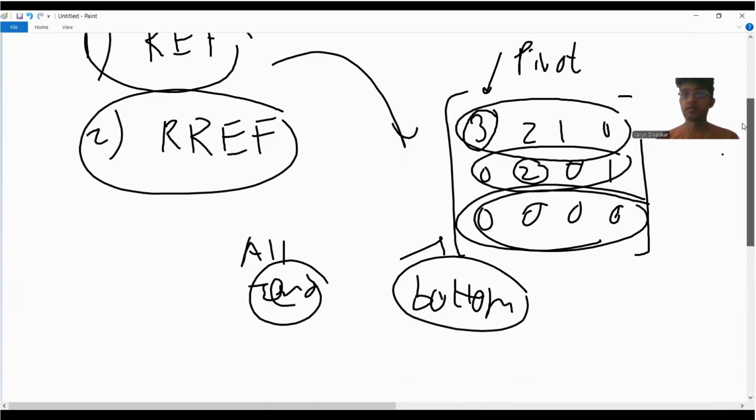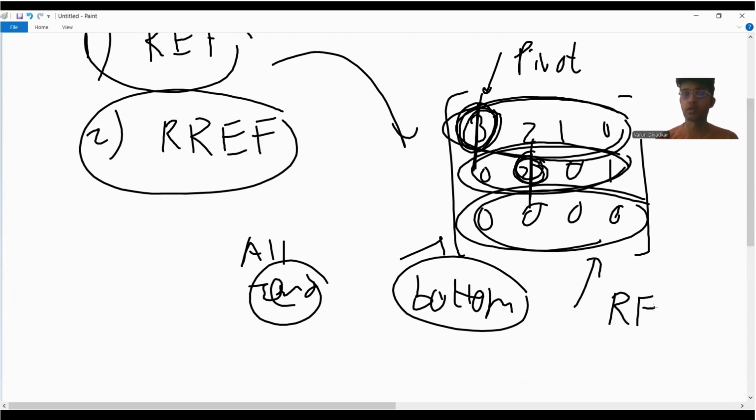But then the second prerequisite is that these pivot values from subsequent rows have to be at the right side of each other. Like say, for example, in the first row, this is a pivot value, and then in the next row, this is a pivot value. And as you see, this is at the right side of this value. So both these conditions are satisfied. So this is a matrix in the row echelon form, right?